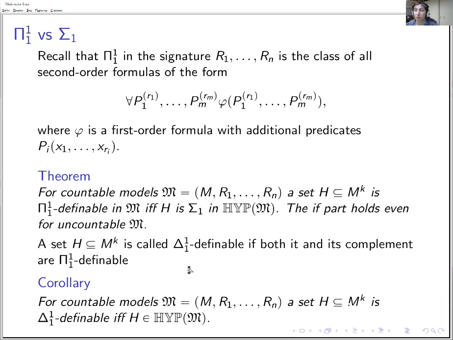So basically, we allow universal quantifiers over predicate symbols.